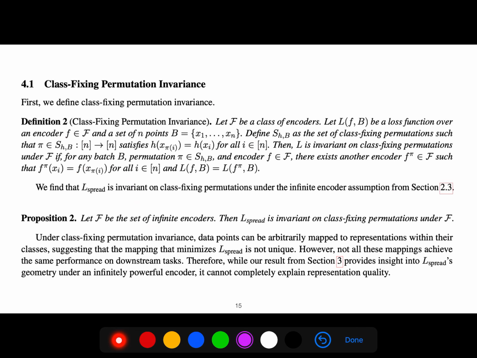What is class fixing permutation invariance? So F is just a class of encoders, and L is the loss function over an encoder and a set of endpoints.